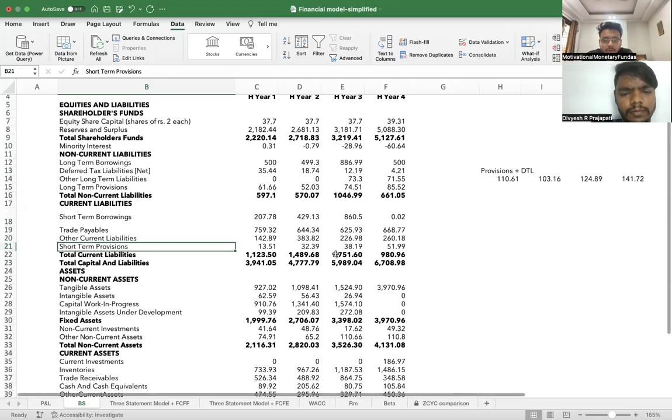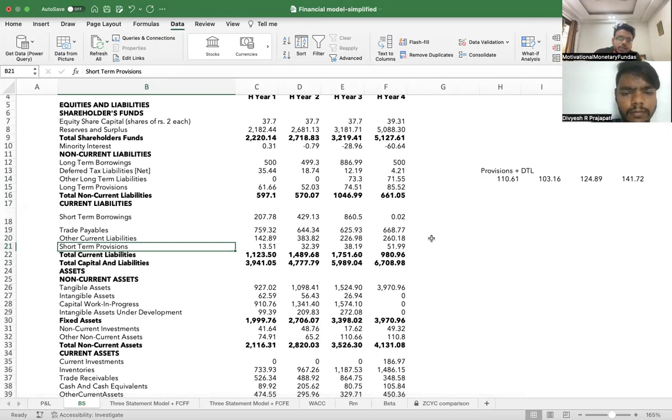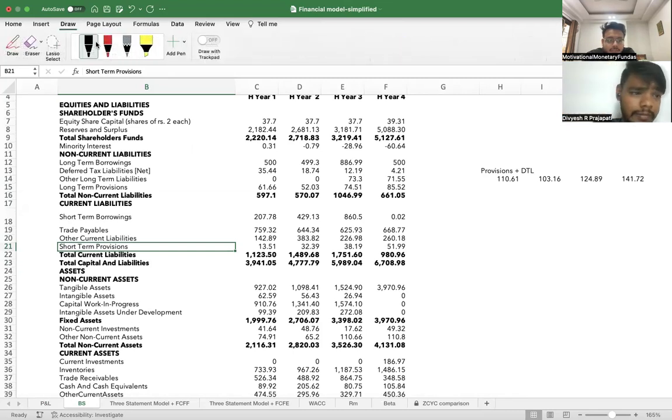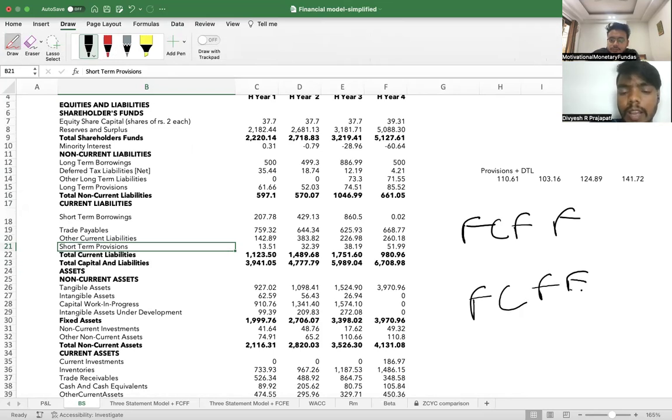We're trying to create the financial modeling here on two bases. One is on the basis of free cash flow to firm, FCFF, and the other one is free cash flow to equity, FCFE.